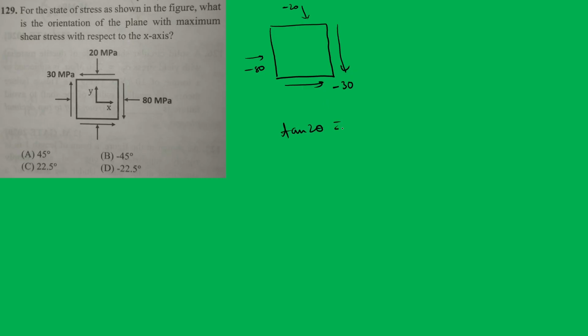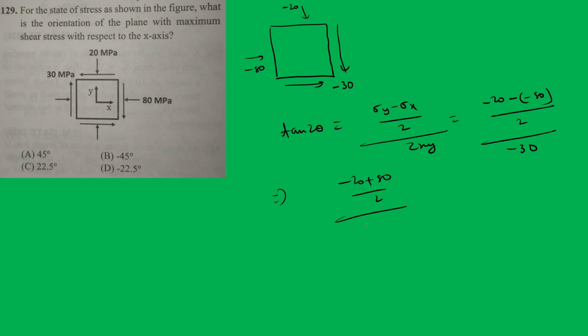So they are asking you to find out tan 2 theta is equals to sigma y minus sigma x by 2 tau xy. So what is sigma y? Sigma y is minus 20, sigma x is minus 80, by 2 tau xy, tau xy is minus 30. So minus 20 plus 80 by 2 by minus 30.